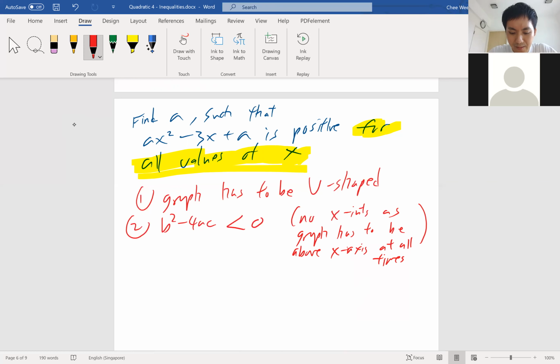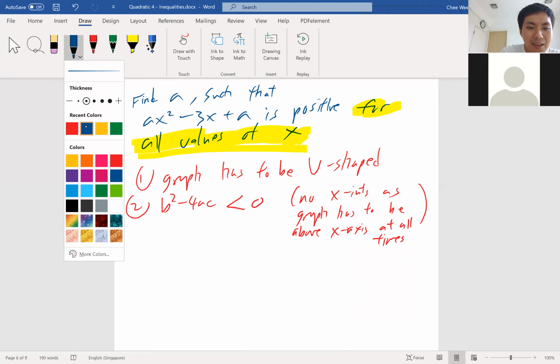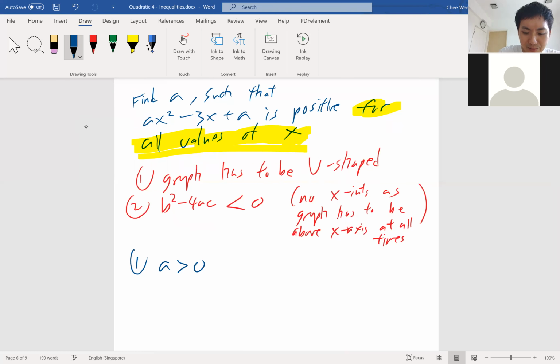Get what I'm saying over here? So with these two in place, what is the condition to satisfy number one? a has got to be greater than 0. That's the U-shaped graph.